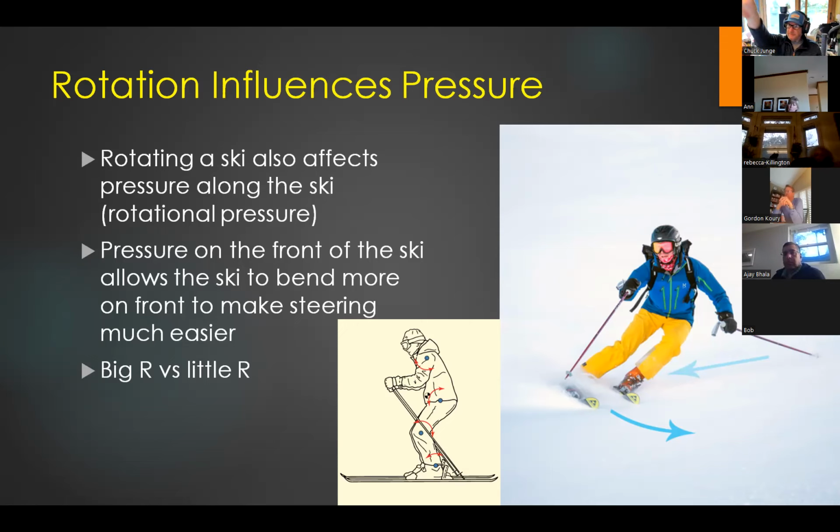But like I said, the idea is that as I rotate the ski, I can also apply more tip pressure to the ski, which is also going to allow you to dig more, which is probably why the ski comes around more quickly that way when you add steering to it.